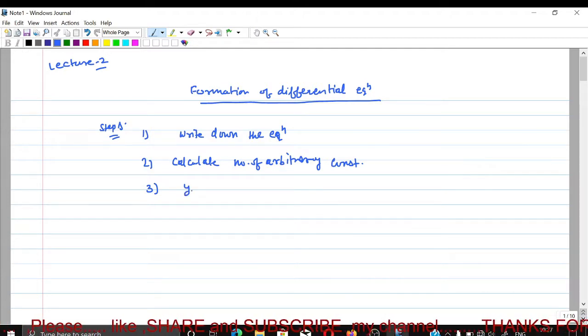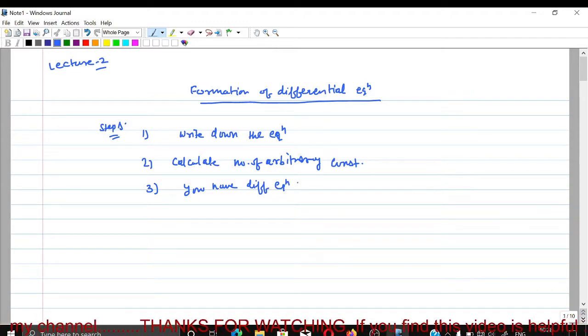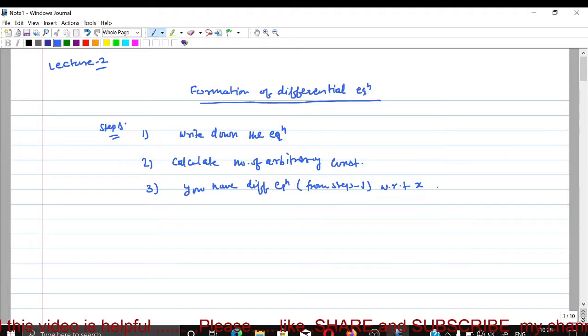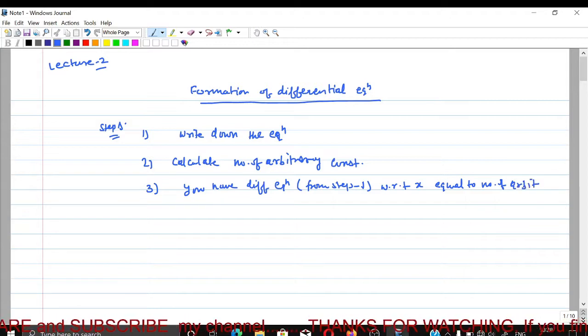So you have to differentiate the equation, it means the equation from step 1, with respect to x, equal to the number of arbitrary constants.